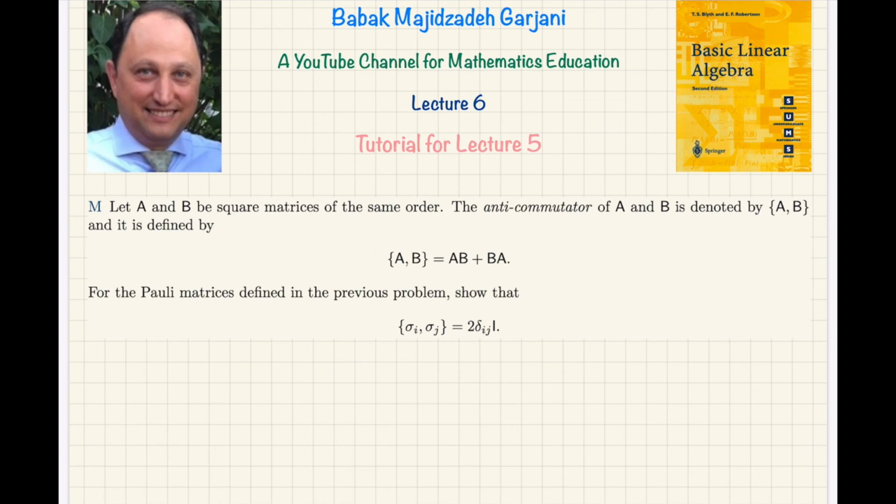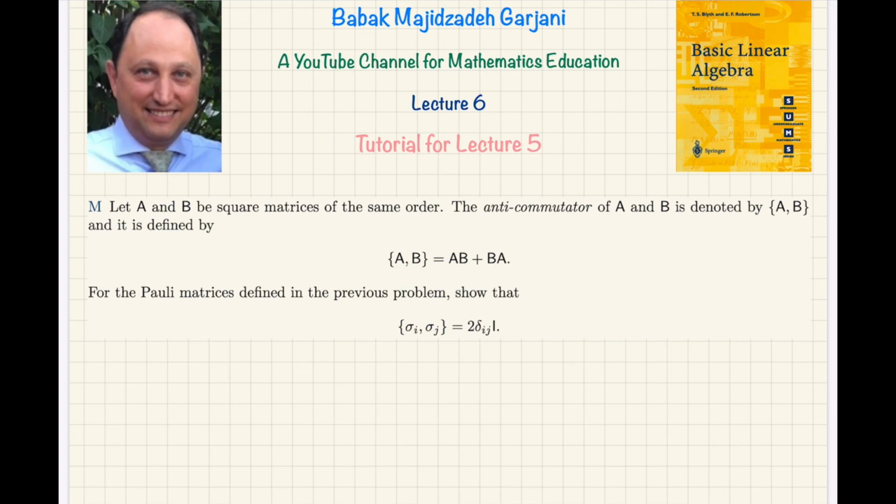Okay, problem M. Let A and B be square matrices of the same order. The anti-commutator of A and B is denoted by curly brackets A, B, curly brackets closed, and it is defined by this, which is equal to AB plus BA.